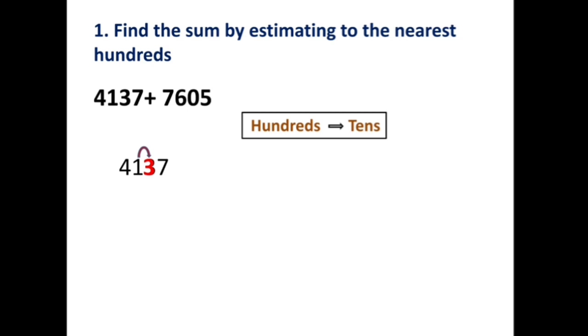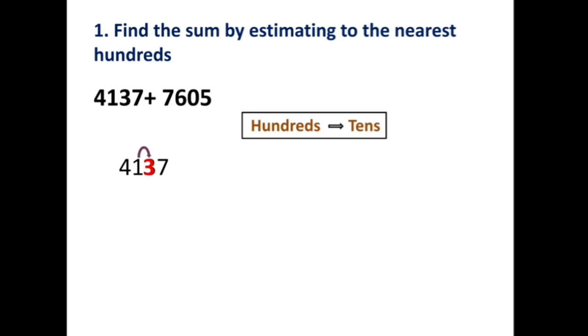Now 3 is less than 5 or greater than 5? 3 is less than 5. So what will we do? 1 will be the same. 3 and 7 will become 0. The tens place and ones place will become 0. Children, you need to remember one thing. We are doing for hundreds place. We are not doing for thousands place.